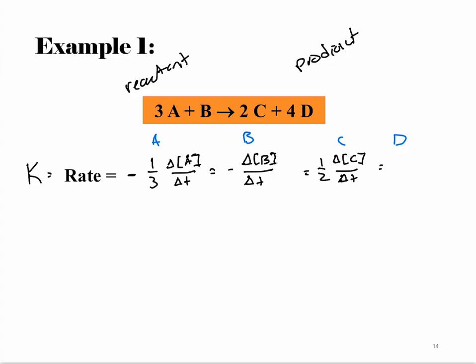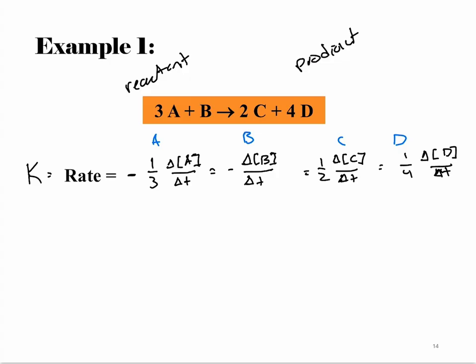And then similarly for D, the coefficient is 4, so 1/4 times the change in concentration of D over delta t. And I know these are kind of abstract concepts right now because we're not plugging in any numbers. We'll do that on the next problem.